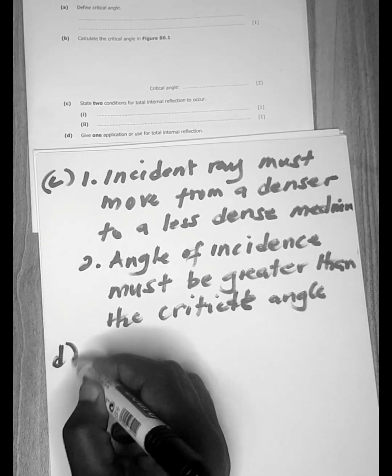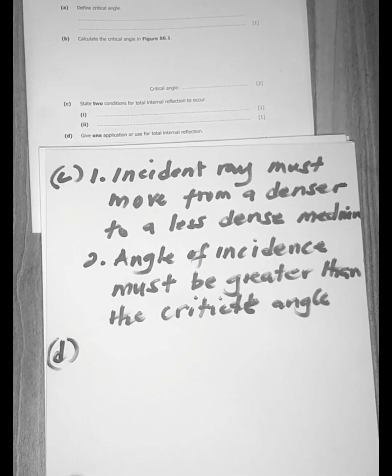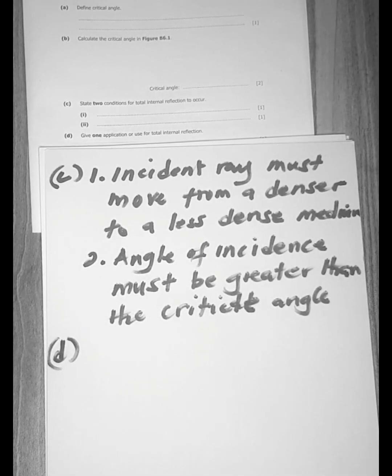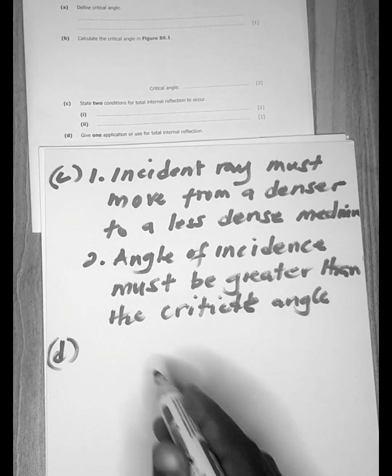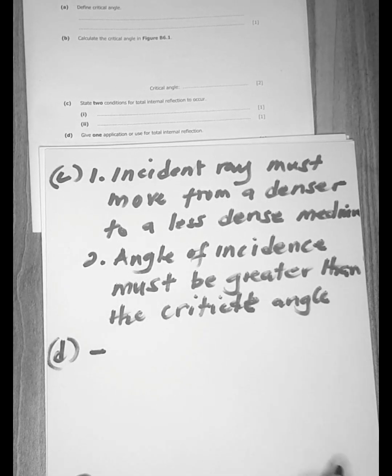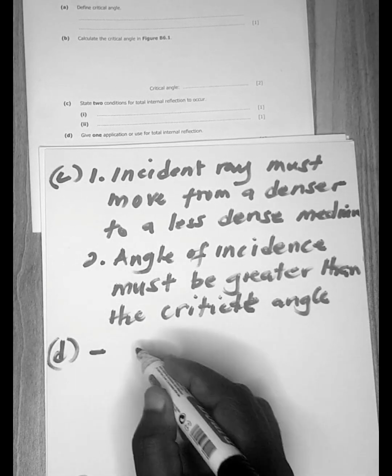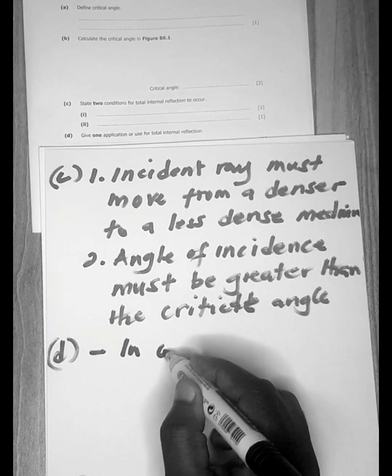Then D, state one application or use for total internal reflection. There are quite a number of applications or uses for total internal reflection. We are going to mention just three. One of them is used in optic fibers.